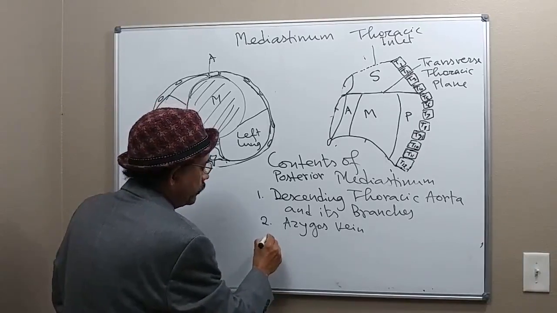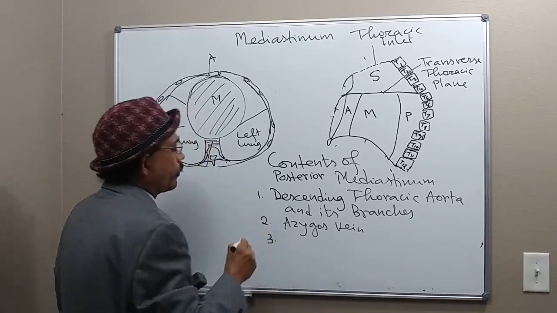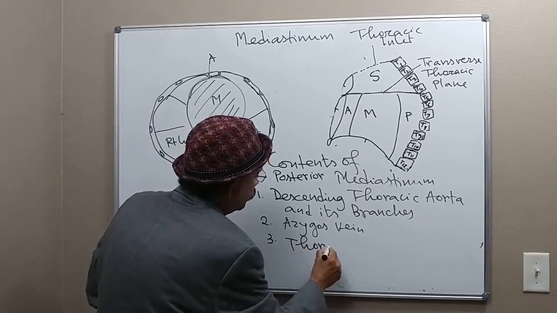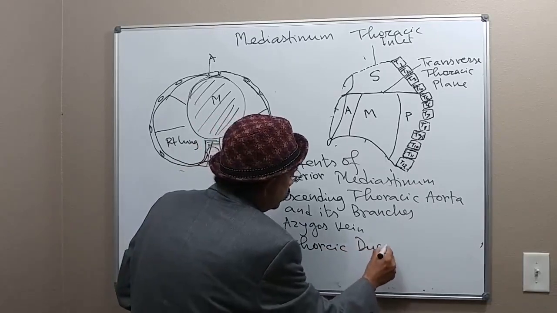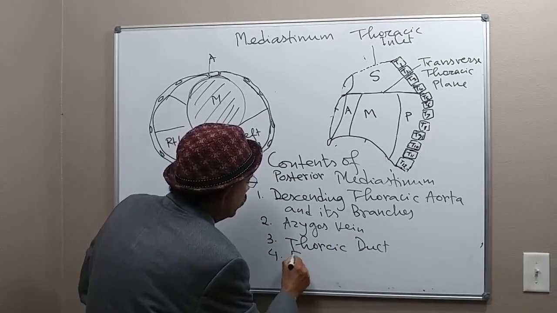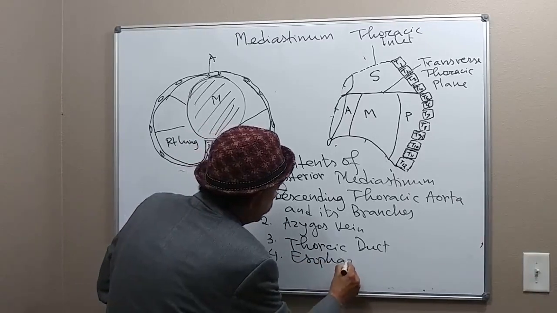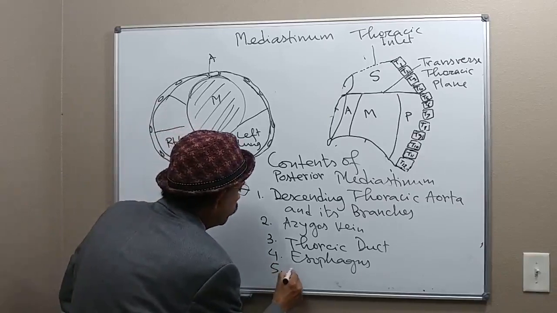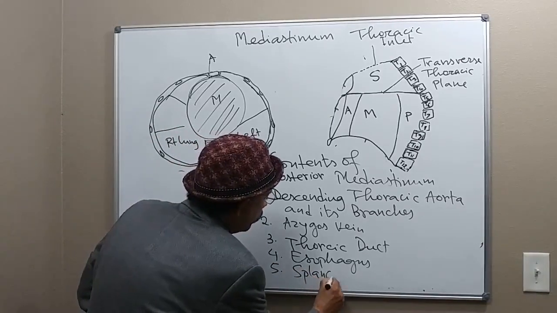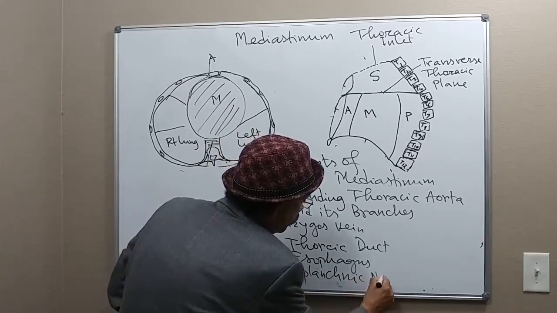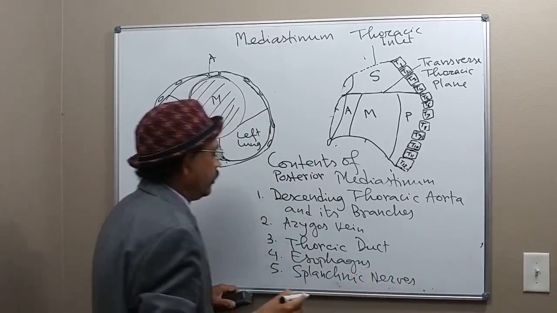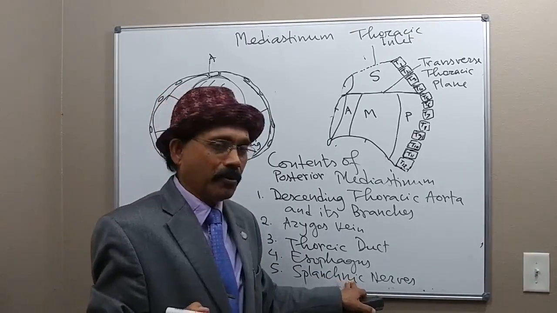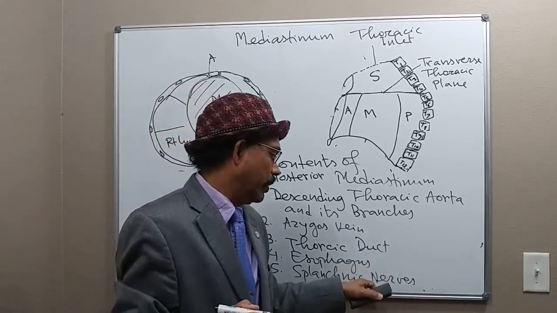We have the thoracic duct, the esophagus, and the splanchnic nerves. Remember, some anatomists don't accept the splanchnic nerve as a content of the posterior mediastinum, but we like to add it here.